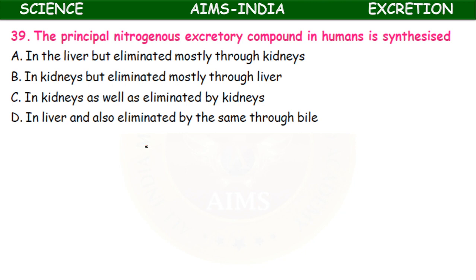The principal nitrogenous waste compound is urea. It is produced in the liver but eliminated mostly through kidneys. In the liver, a cycle, the ornithine cycle, takes place, during which ammonia is converted to urea.